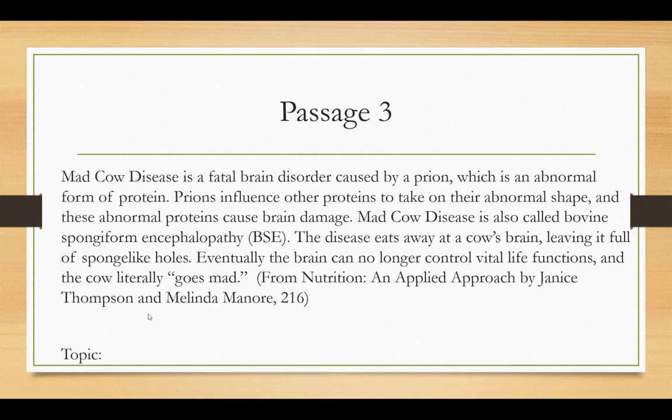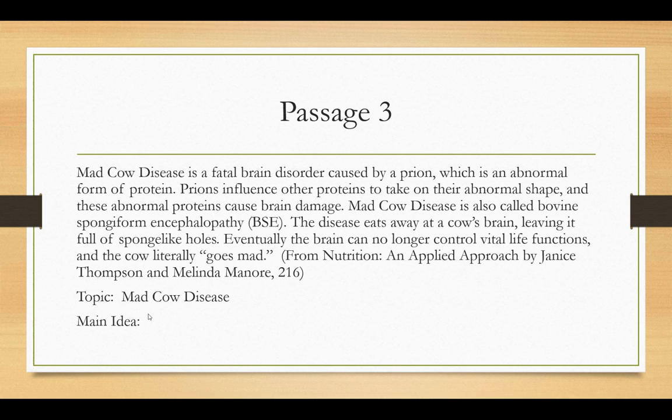And then we have where this information was taken from. So, looking at this particular passage, the key topic, the main couple of words that I keep seeing over and over would be mad cow disease. So again, the topic of this passage, those one or two words, would be mad cow disease.